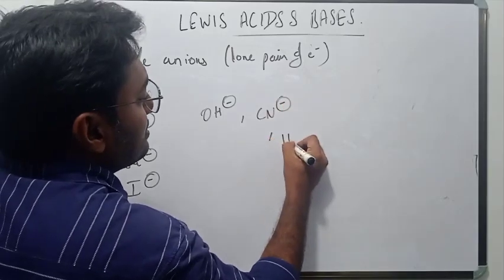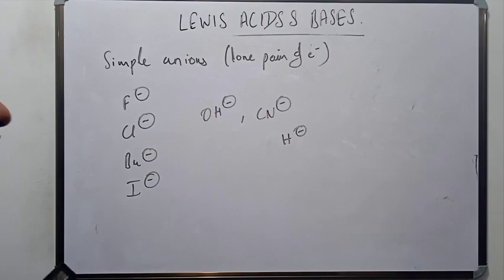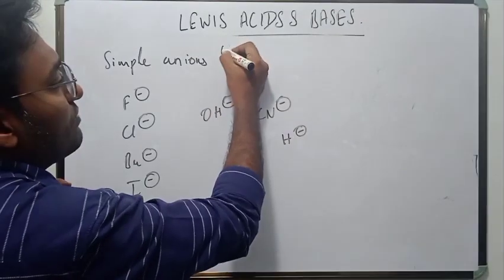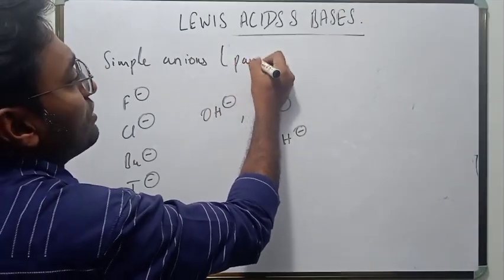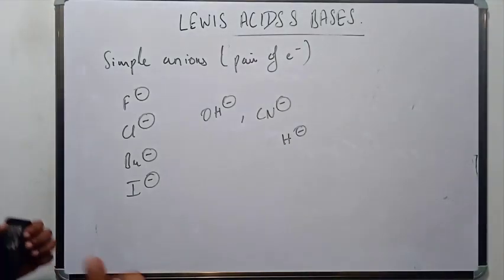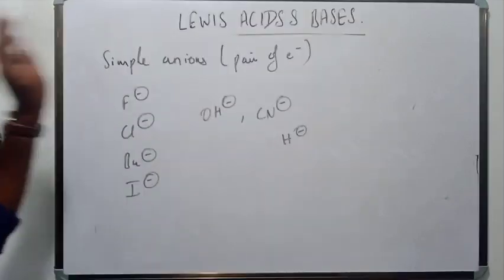They have a pair of electrons. Okay, simple anions that have a pair of electrons. So they all have a pair of electrons, and they are able to donate that pair of electrons because they have it, and therefore they act as Lewis bases.